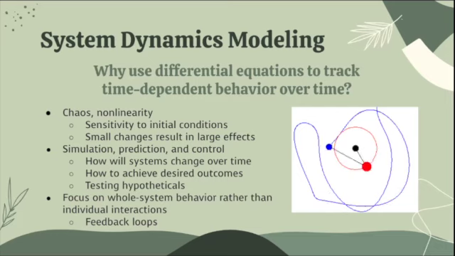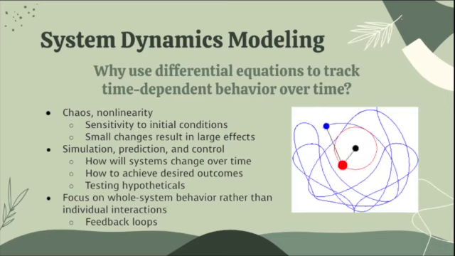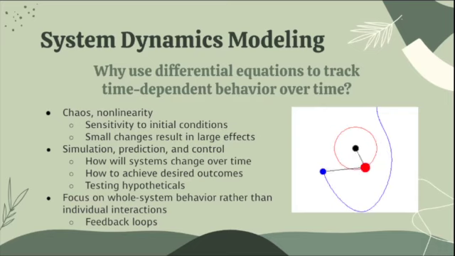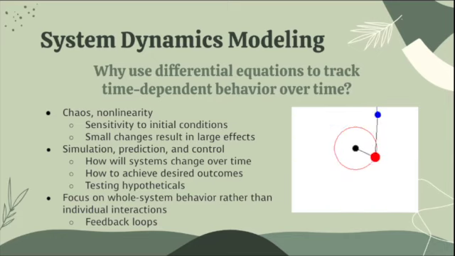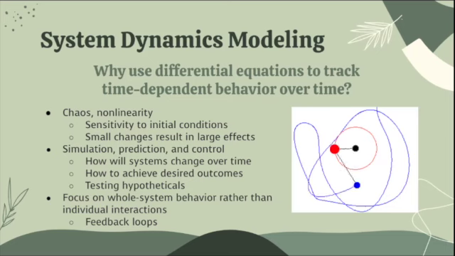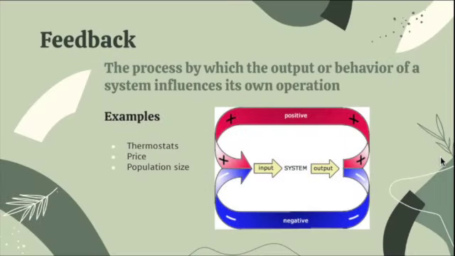And finally, using ordinary differential equations allows the scientist to look at whole system behavior rather than individual interactions, and in particular, how the system might affect itself, which is called a feedback loop. So again, a feedback is the process by which the output or behavior of a system influences its own operation.